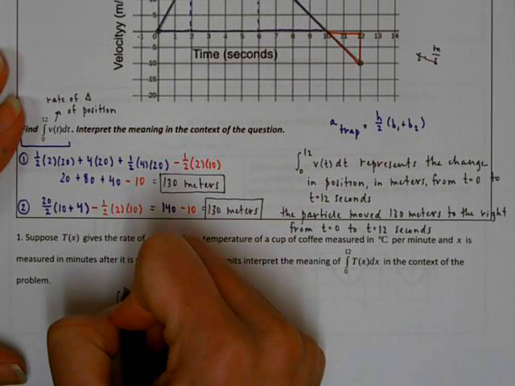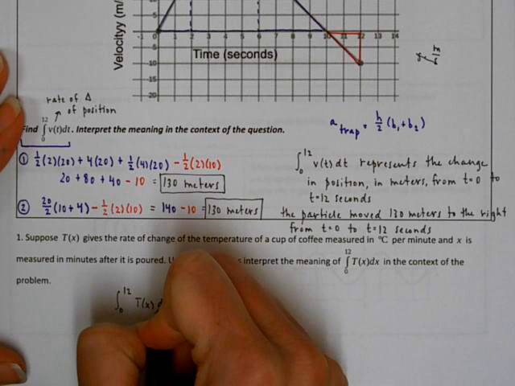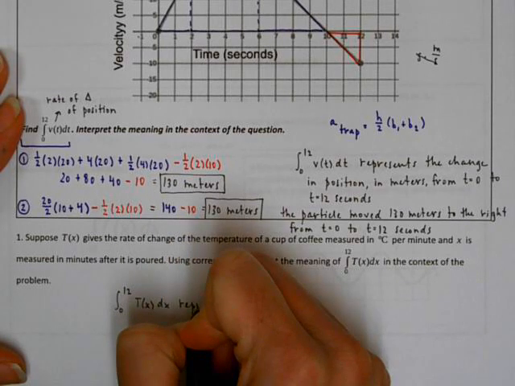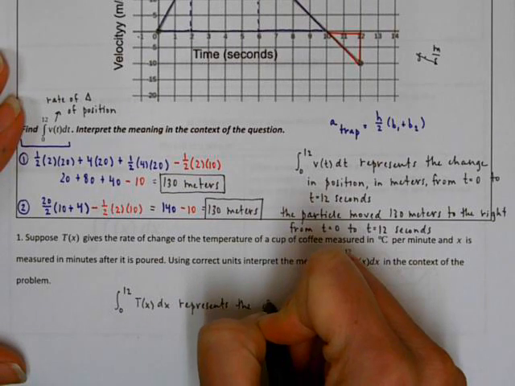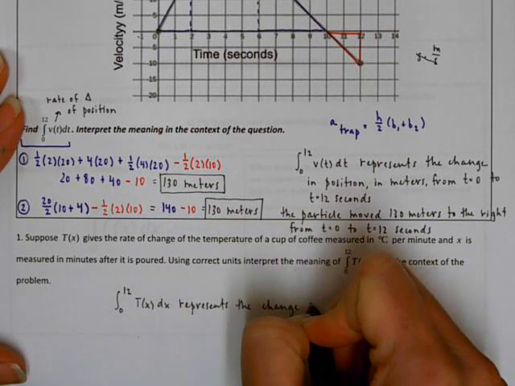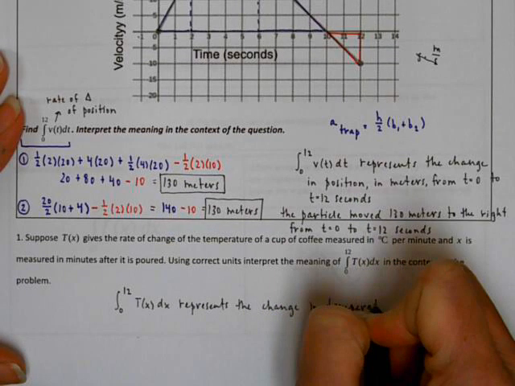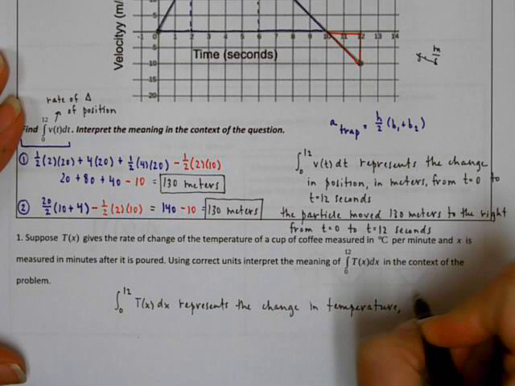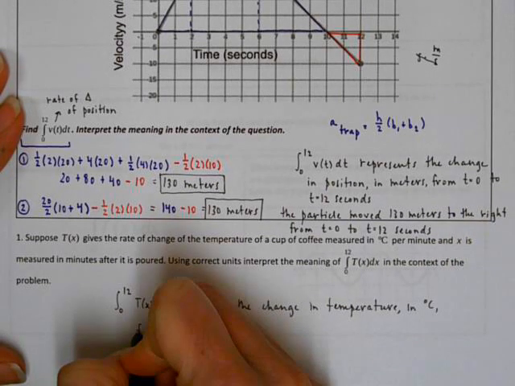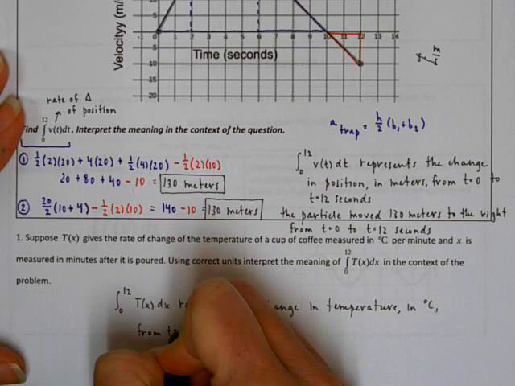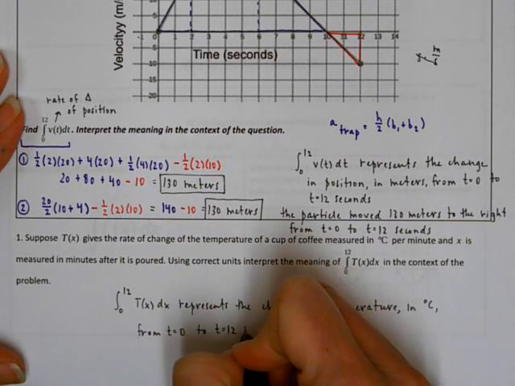So the integral from 0 to 12 of t of x dx represents the change in temperature in degrees Celsius, and then I'm going to state the interval from t equals 0 to t equals 12, and this one was minutes.